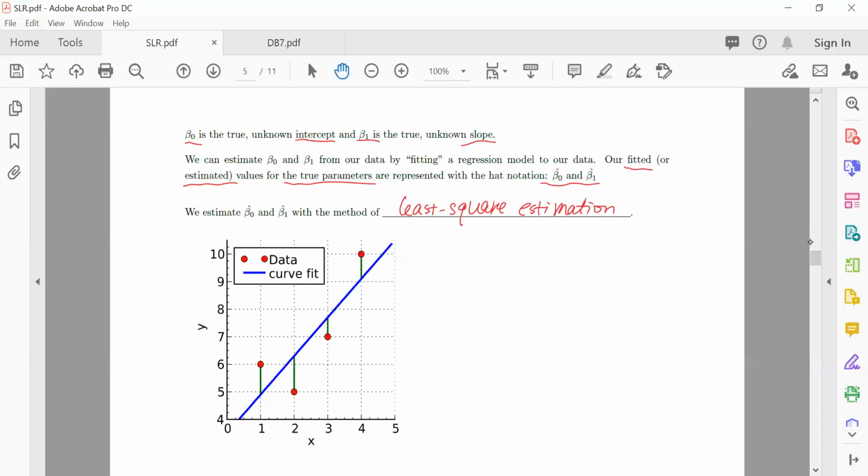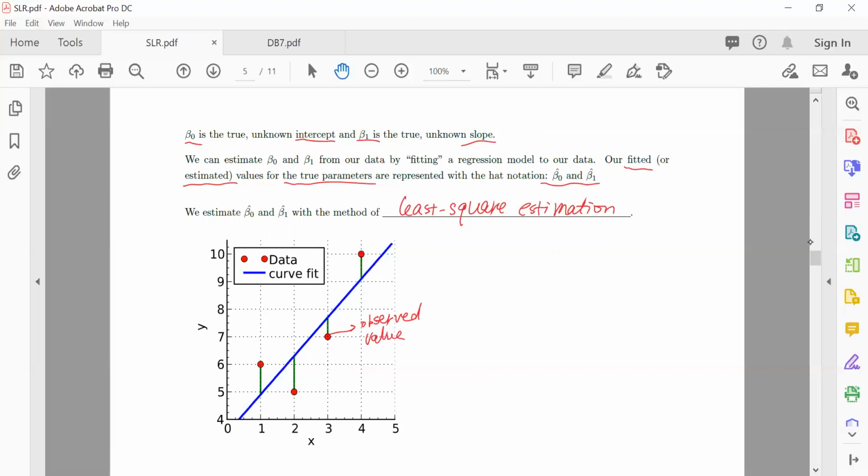So suppose this is the best fitted line, and those red points are the real data. They are called observed values. So this is the observed value.